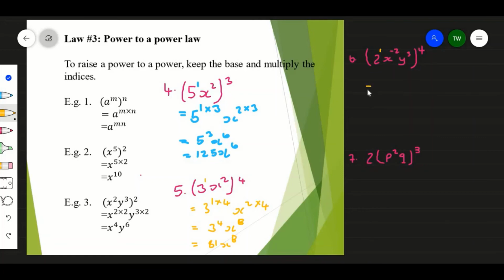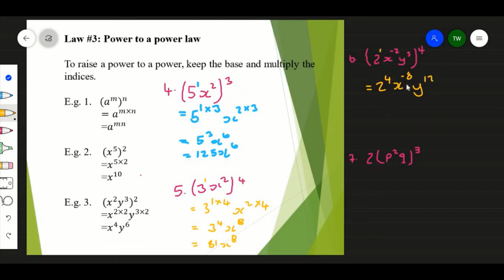So 1 times 4, that's 4. So it's going to be 2 raised to the 4th power. Put back our x. Then multiply the powers. So negative 2 times 4, that's going to give us negative 8. So x is raised to negative 8. Put back our y as the base. Multiply the powers. So 3 times 4, that's going to be 12.